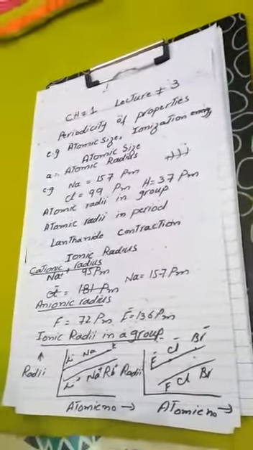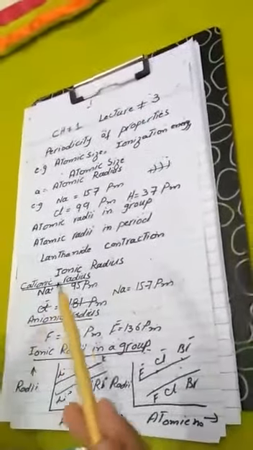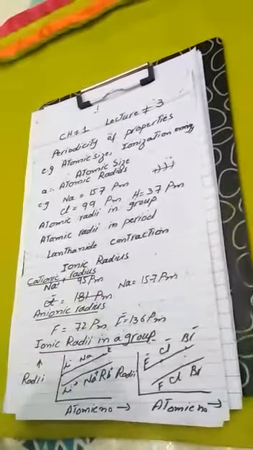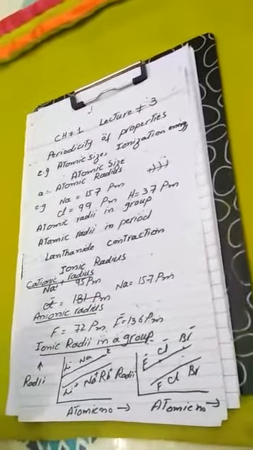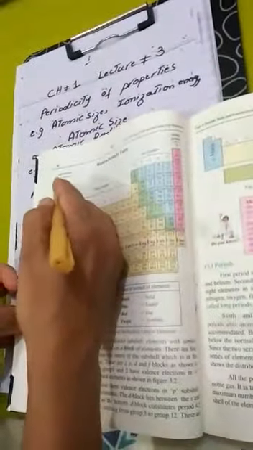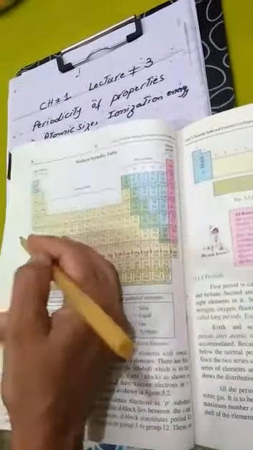Atomic radius in group. Atomic radius increases from top to bottom of a group. These are groups. Vertical columns are known as groups. Atomic radius increases from top to bottom in a group.